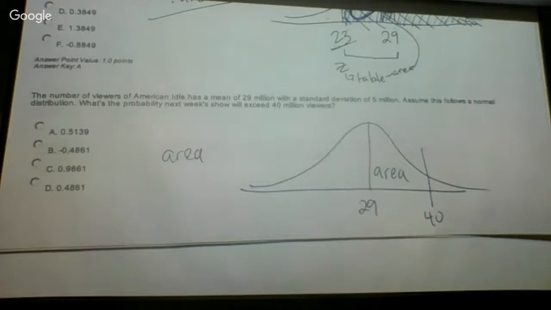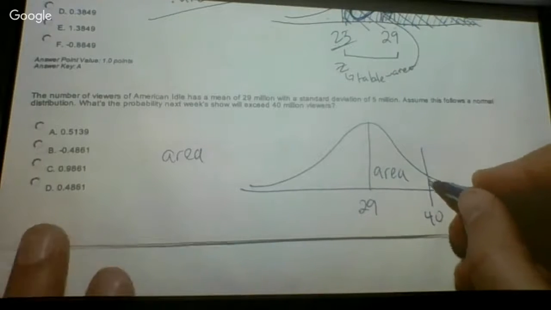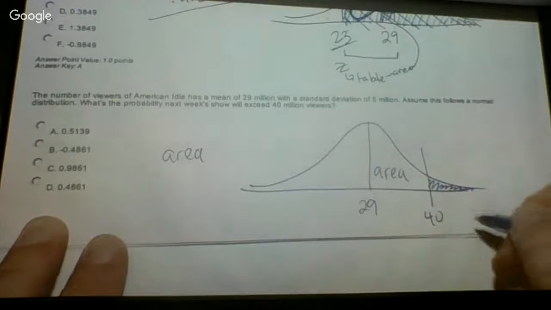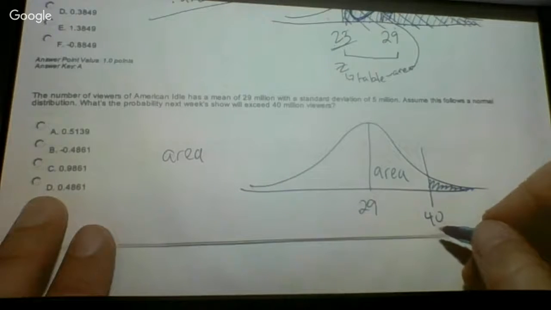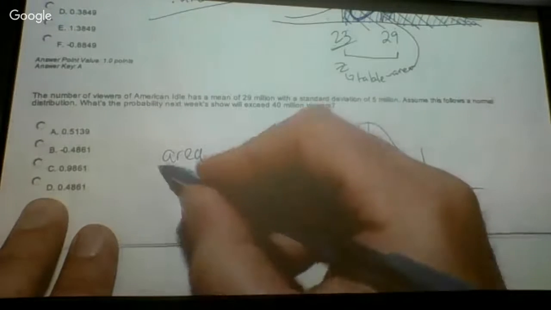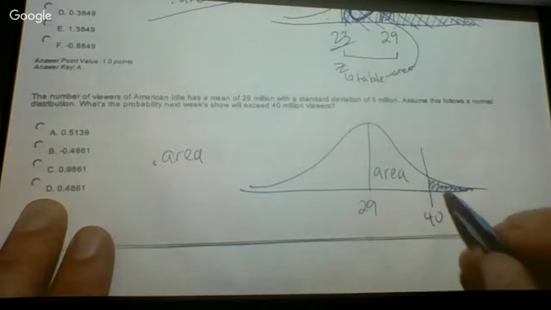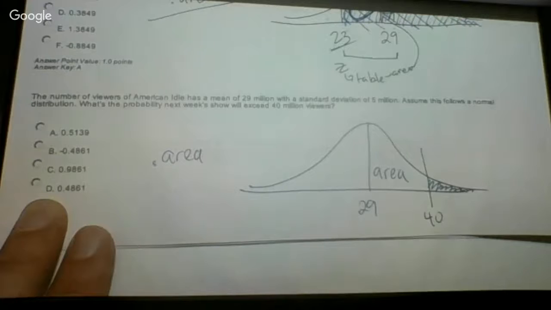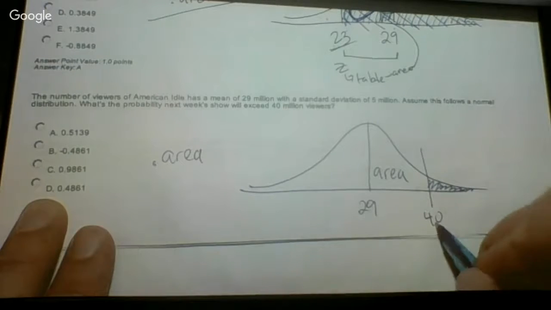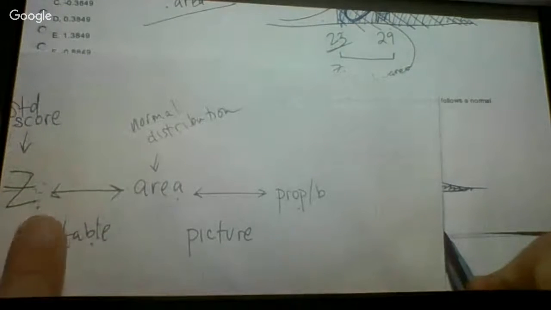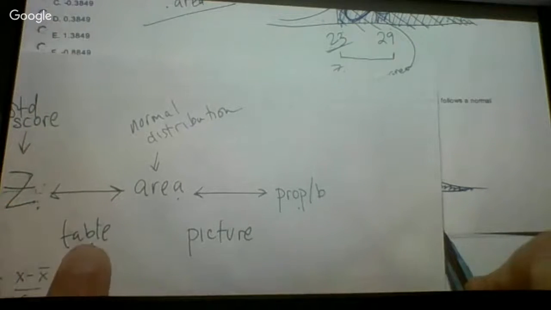Lauren, you got this one? We need to subtract the amount that's more than. Okay. So tell me a little more. Once I find this area, it's just a little mathematical operation I need to do. Yep, I'm going to find the z-score of 40, go to the table and get an area, and I'm calling that area whatever I find right here.